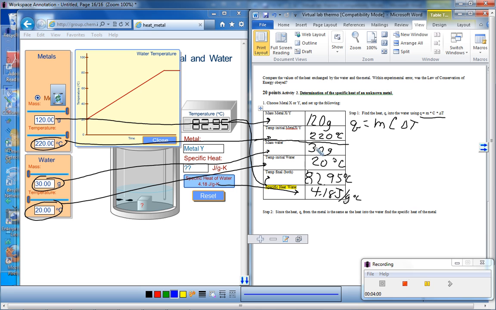Q is equal to the mass of the water, which is 30 grams, times C for the water, 4.18 joules per gram degree C, times my delta T. Dadgummit, I didn't calculate my delta T. Because remember, that's going to be the final minus the initial, right? Final minus initial. So the final is 82.95.